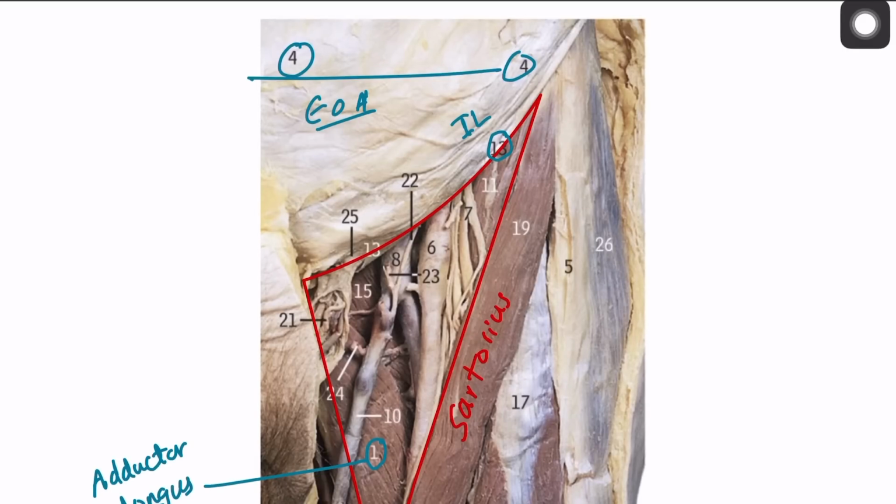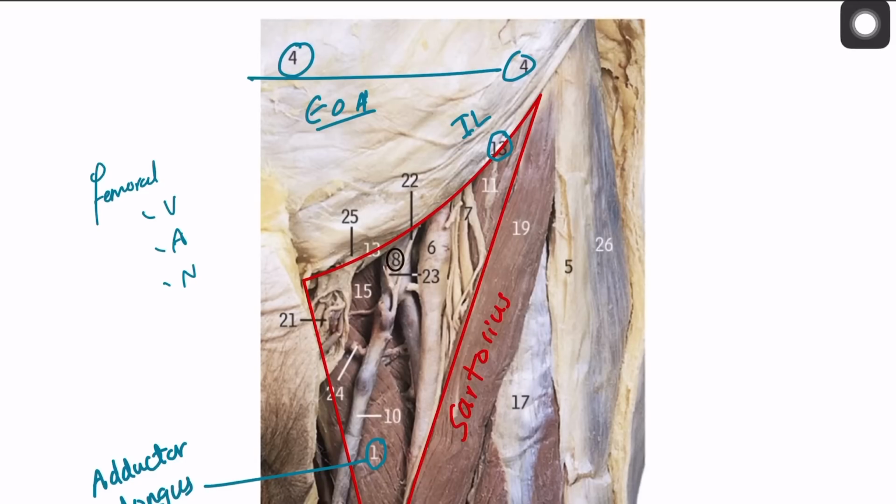In terms of the content, you have the femoral contents. Let's start from medial to lateral: you will have the femoral vein, the femoral artery and the femoral nerve. So we'll try to find out where these structures are. The femoral vein is number 8, as you see here.